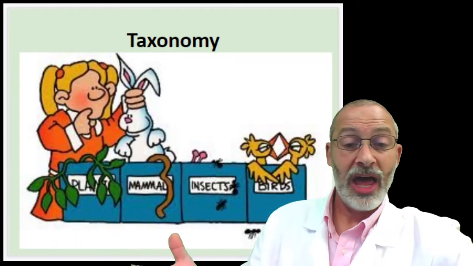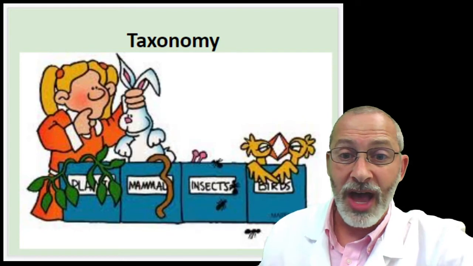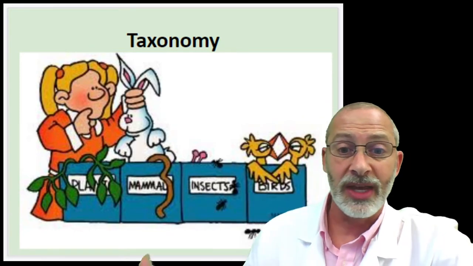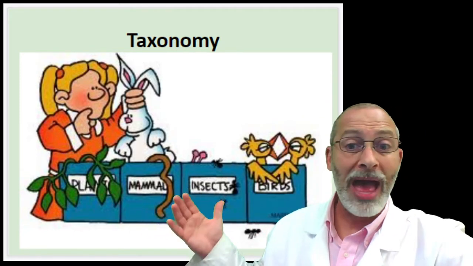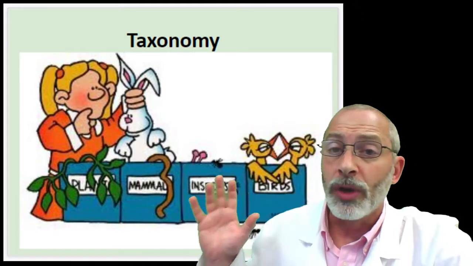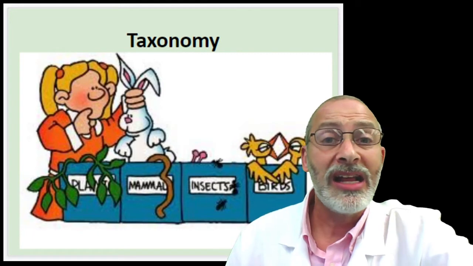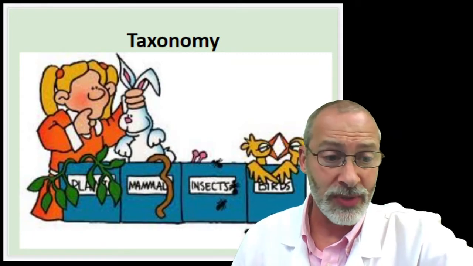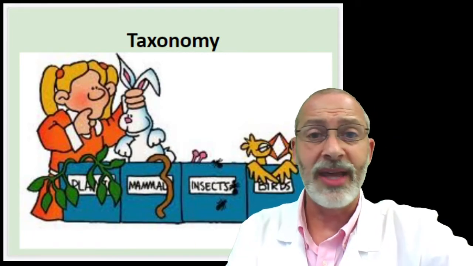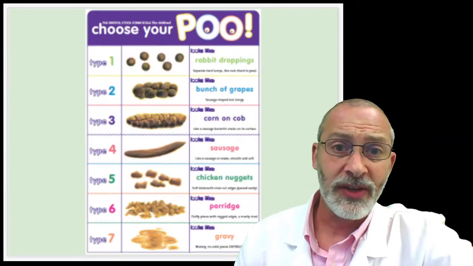So, in life science, we can classify or group living things as either plants or mammals, insects, birds. We're going to be learning about a couple different ways in which scientists have classified organisms on planet Earth. But as I said, any objects can be classified.